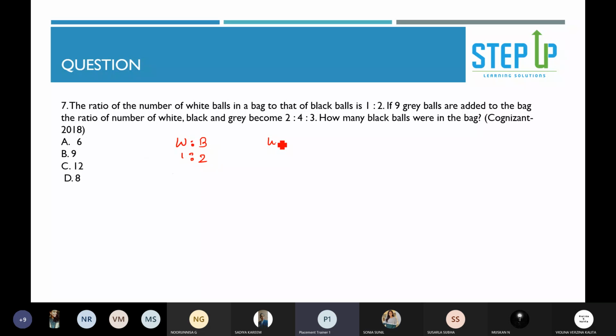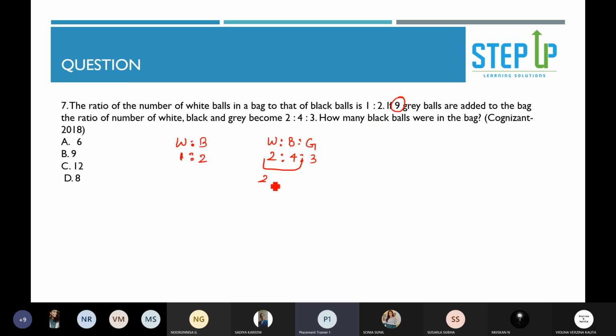Second time, the white to black to gray ratio is what? 2:4:3. Can't you say that even here the white to black ratio is 1:2 only? Agree? So this is also 1:2. But it became 2:4:3 when 9 gray balls were added.